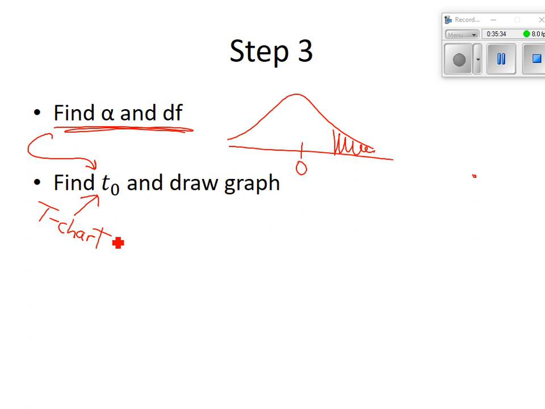Again, Brian asked this earlier, yes, you're using the T-chart again. Hopefully we don't have to find out if you could use the Z-chart if there's 30 items, because then it starts to get very, very tedious and not a whole lot of fun.